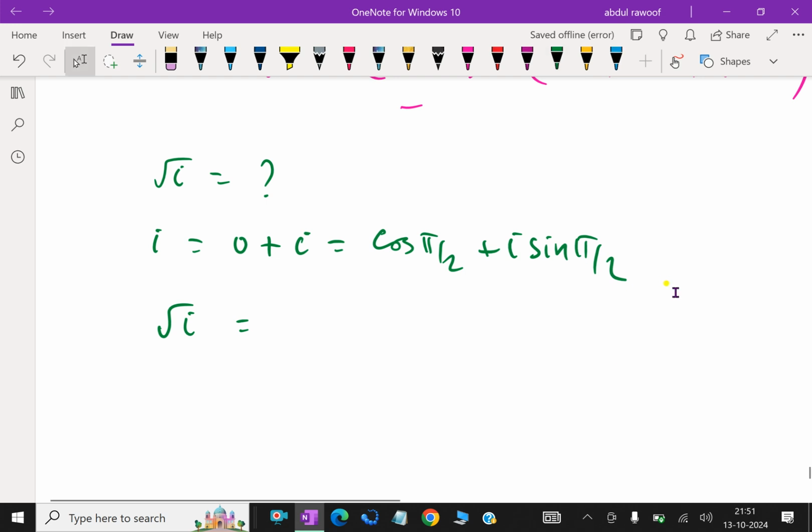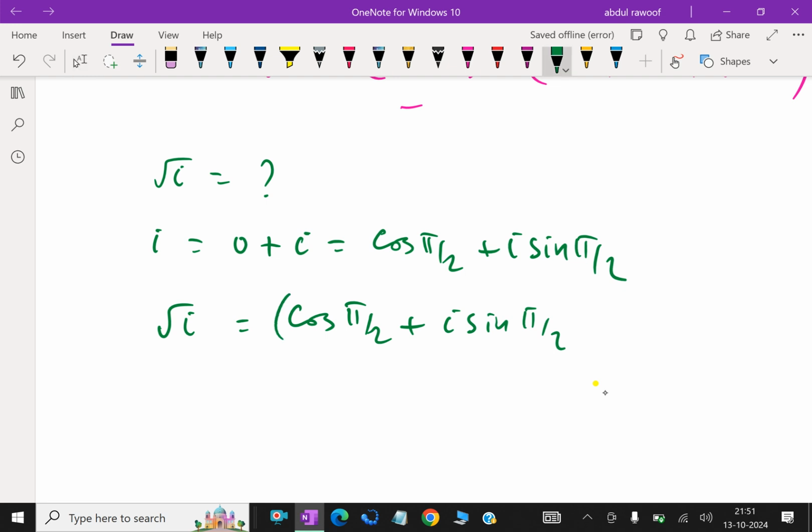But we need the square root of i, which is i to the power half, that is cos of pi by 2 plus i sine pi by 2, the whole power half.